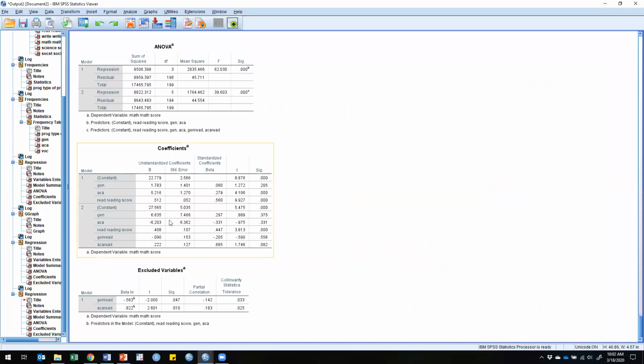And we can see that, yes, this simple slope is statistically different than 0. So basically what this is saying is that the conditional effect of reading on math scores is 0.4. So a 1 unit increase in reading corresponds to a 0.4 unit increase in math scores for someone who is in the vocational programs.